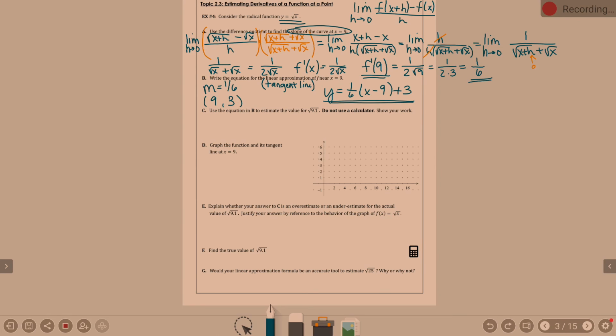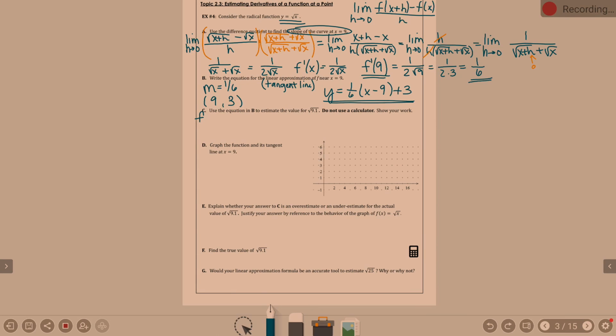Now, for part C, it says use the equation in B that we just wrote to estimate the value for the square root of 9.1. Do not use a calculator. Believe me, it's possible. I know, you guys don't want to hear that, but it is possible, and it's not as horrible as you think.